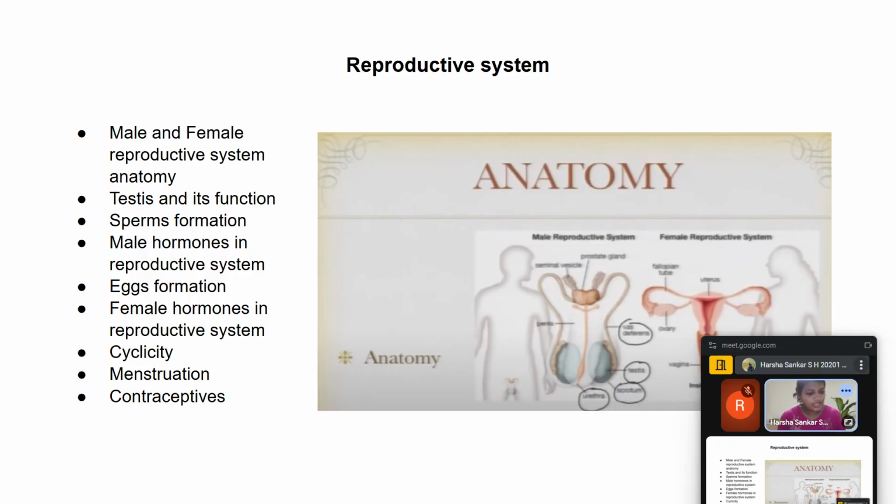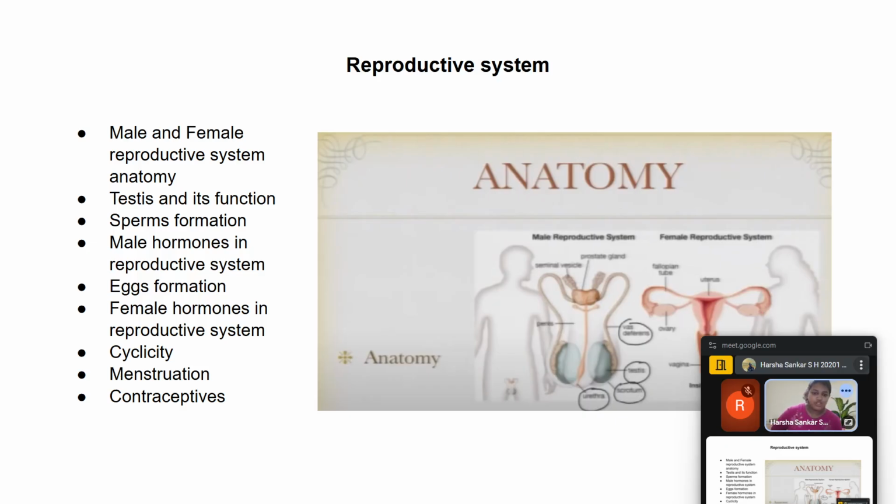There are different reproductive systems in males and females, and Sarah told in detail about the structure, how they vary, and the endocrine functions of each gland, how the testes and ovaries function, how sperm is formed in the testes, and then about the male hormones, testosterone, etc. In the female reproductive system there are different types of hormones, and the two ovaries can produce some endocrine hormones too. In males it's entirely different.